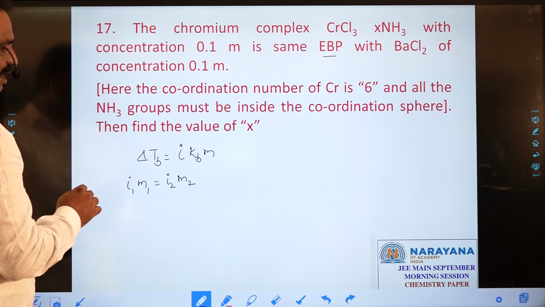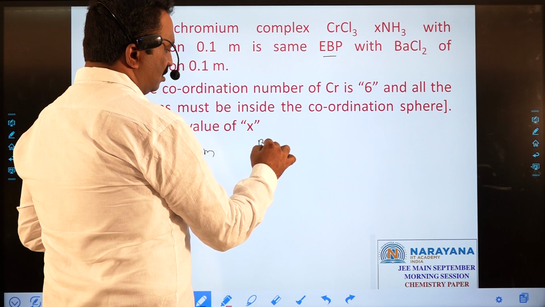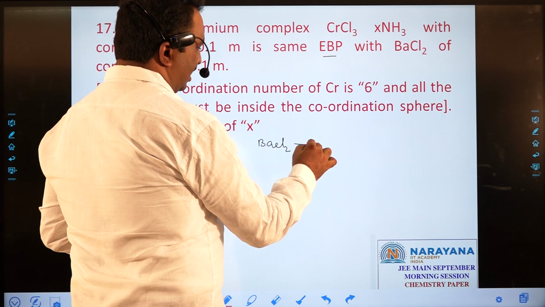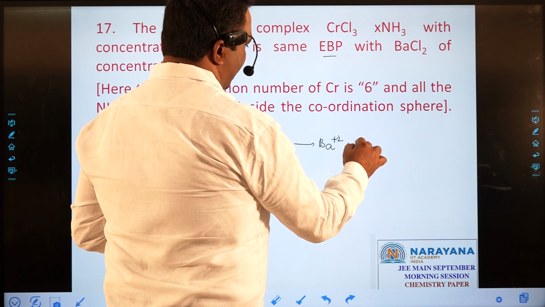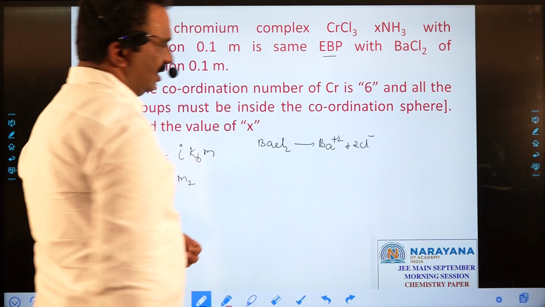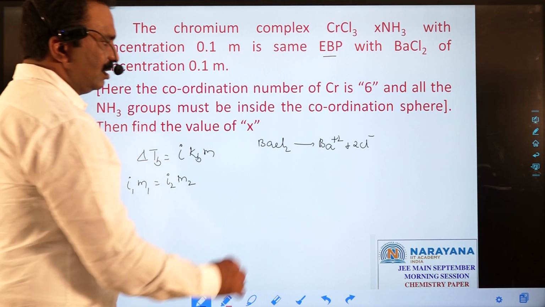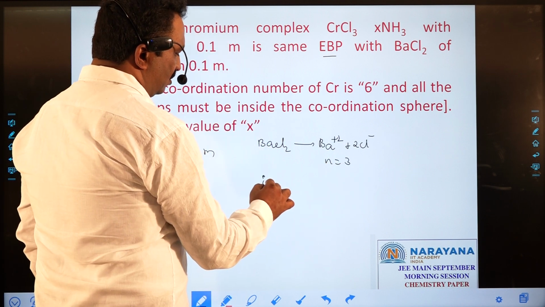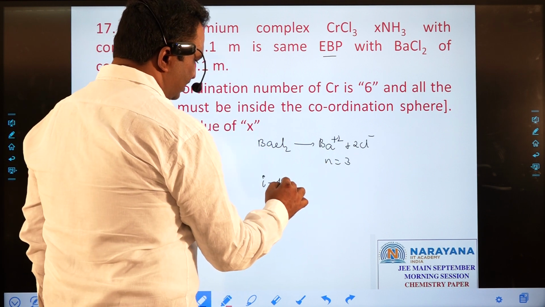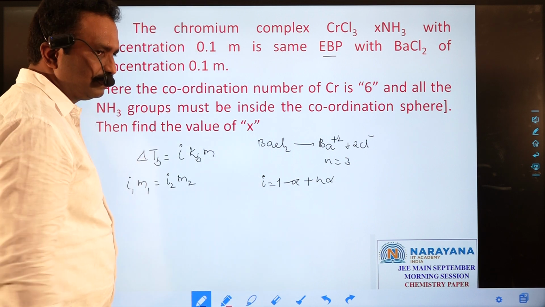i1 for BaCl2, barium chloride, which completely ionizes. Assume alpha is equal to 1 because this is second group halide, and heavy halides of second group completely ionize. So n value is 3. Now i is equal to 1 minus alpha plus n alpha.